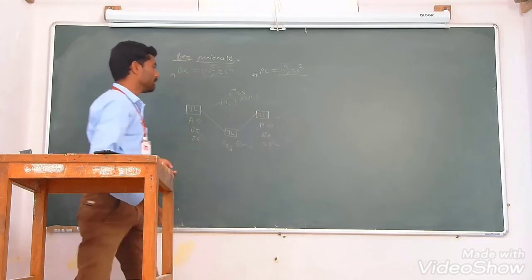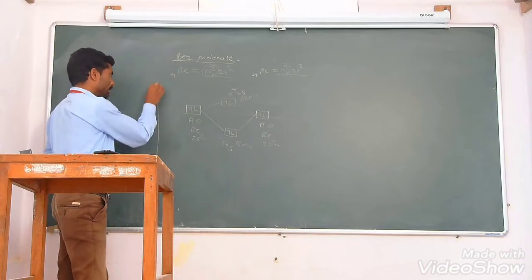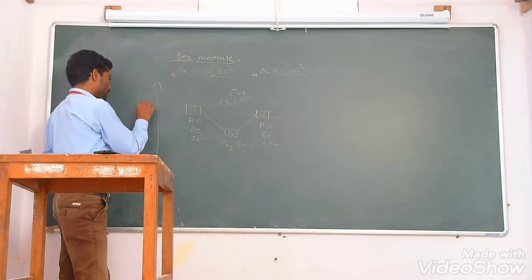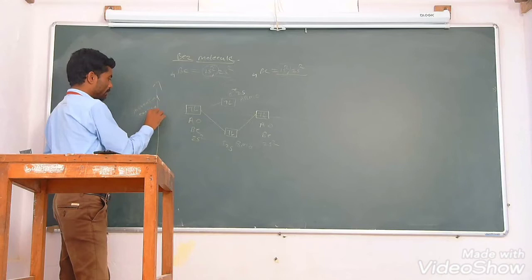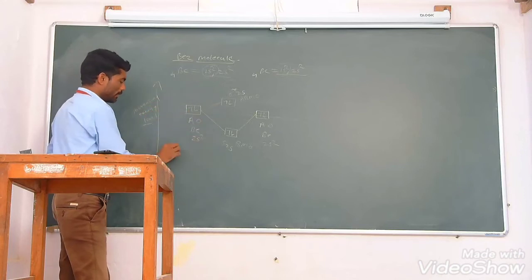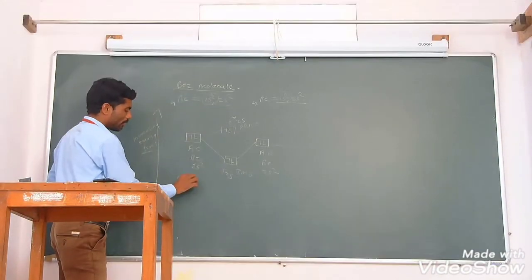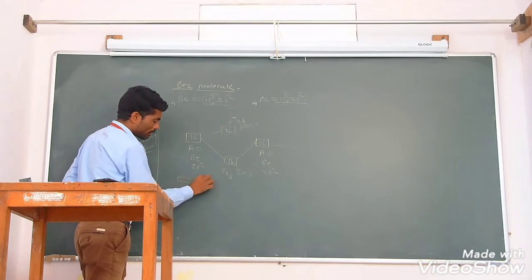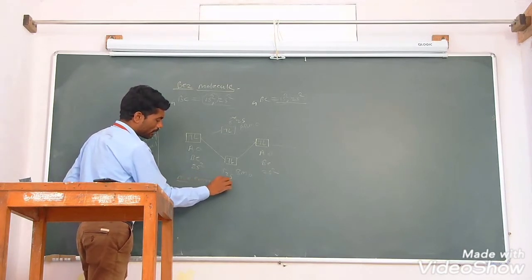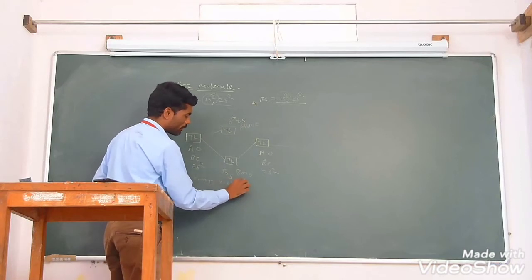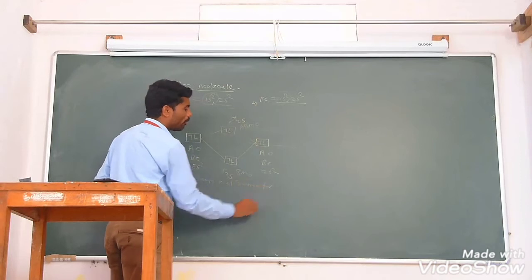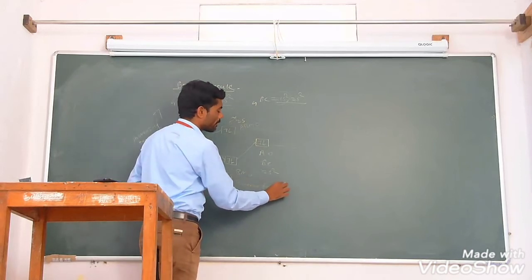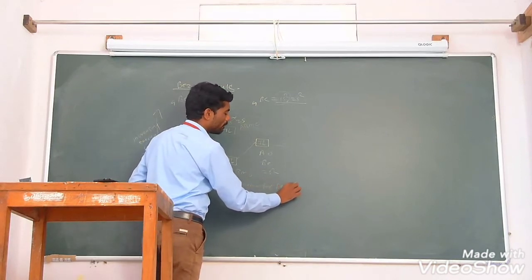This is the average energy level, this is the increasing energy level, and this is the figure for the molecular orbital energy level diagram for Be2, that is, the beryllium molecule.